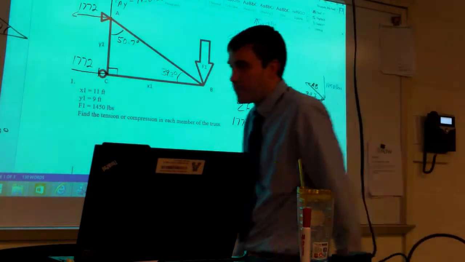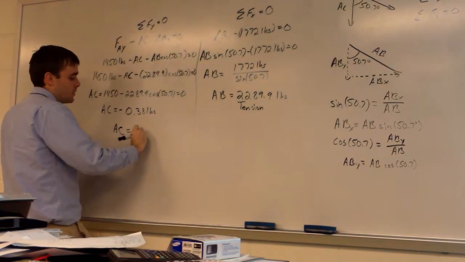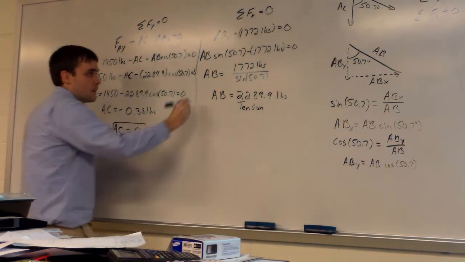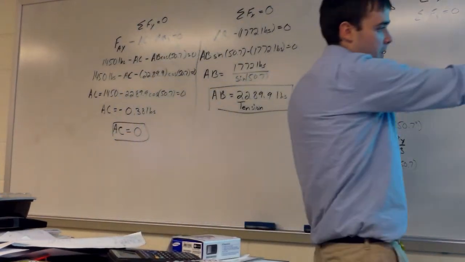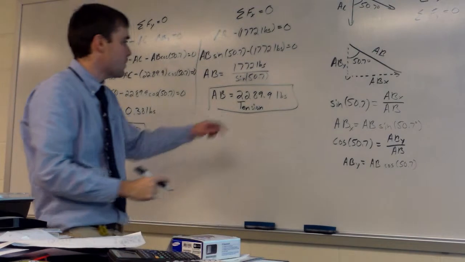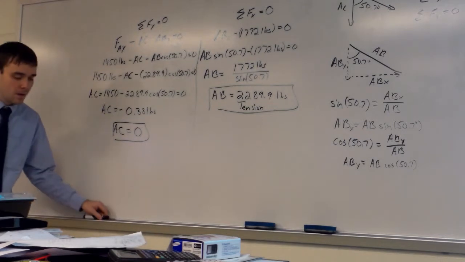So these are the three answers I'd be looking for. BC is 1772 compression, AB is 2289.9 tension, and AC is 0. So it's not a tension or compression.